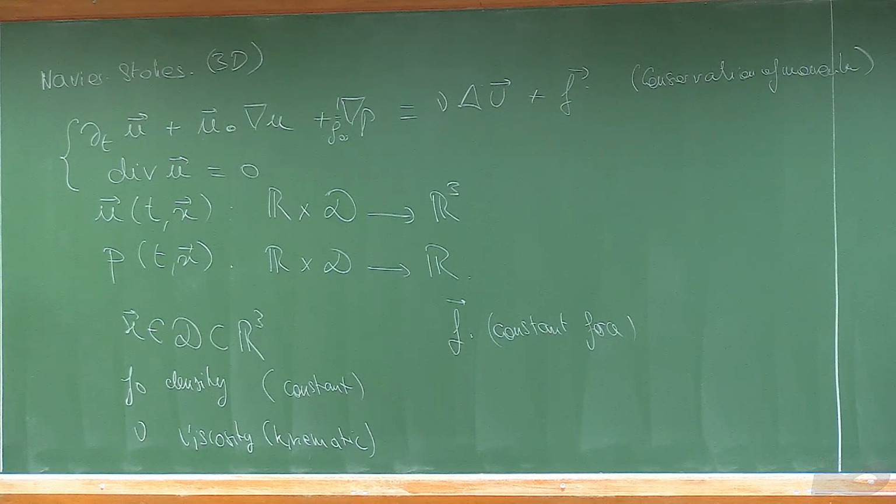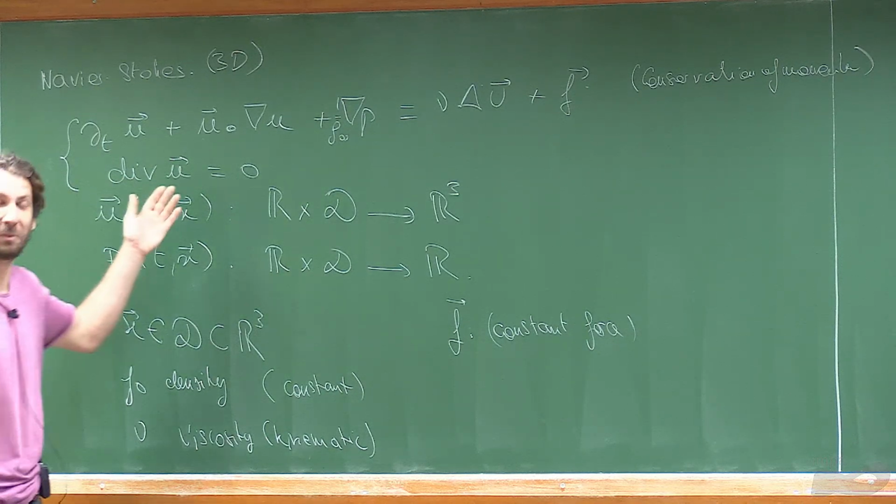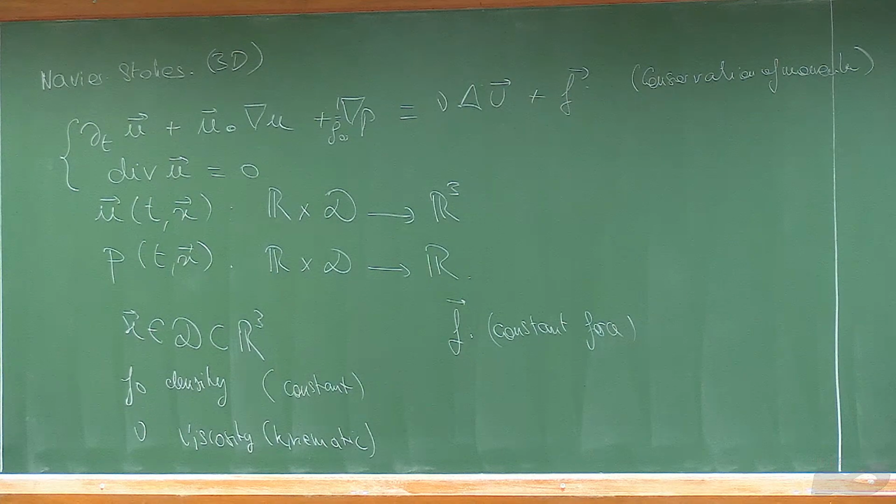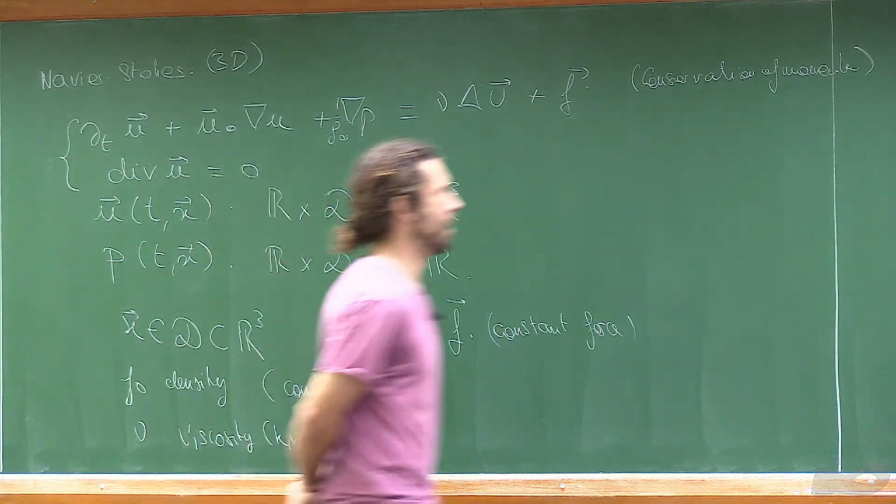So those two equations form the Navier-Stokes equation, and as far as we know, they are the most minimal model we have to generate turbulence, and they also seem to be relevant to describe real fluids, which is kind of interesting.